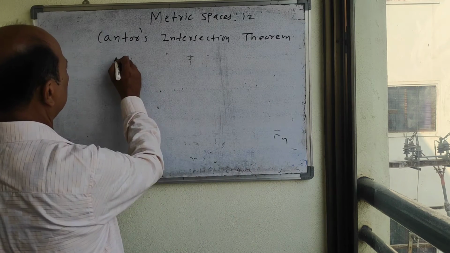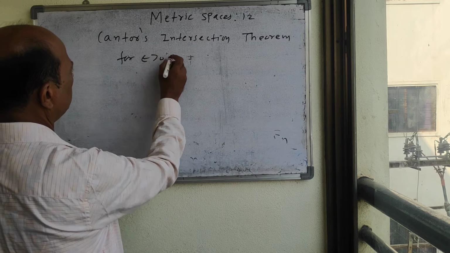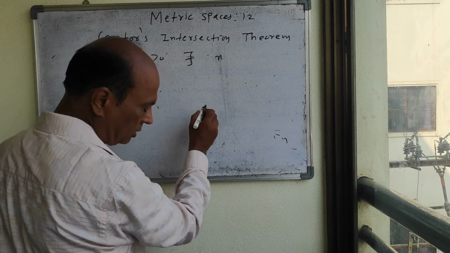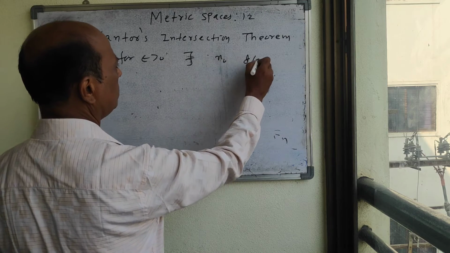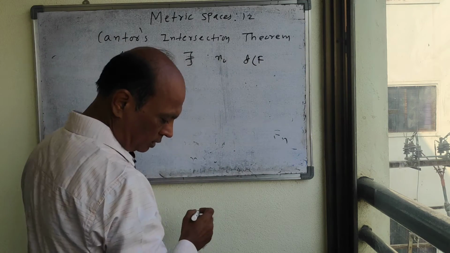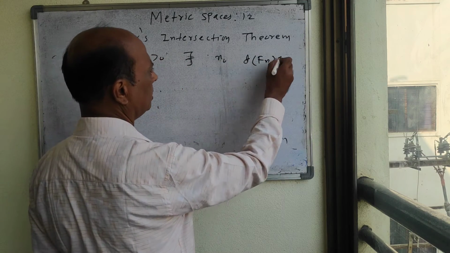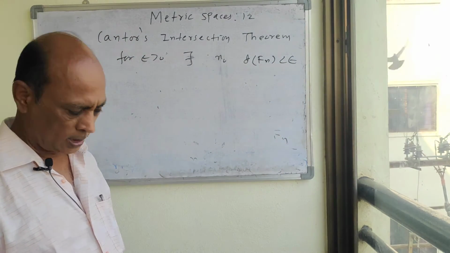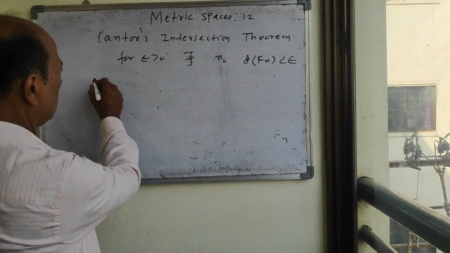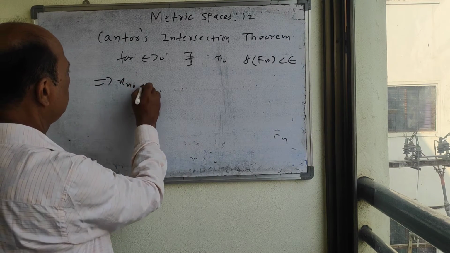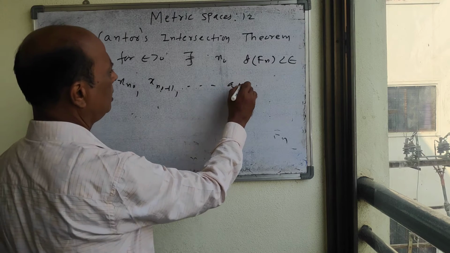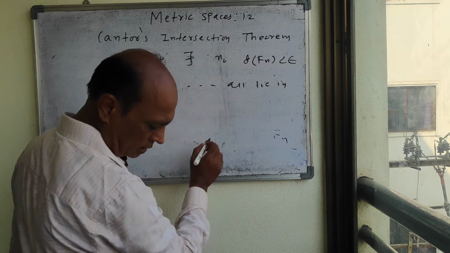And therefore, for epsilon greater than 0, there exists a positive integer n0 such that d of Fn0 is less than epsilon, which implies that xn0, xn0 plus 1 and so on all lie in Fn0.